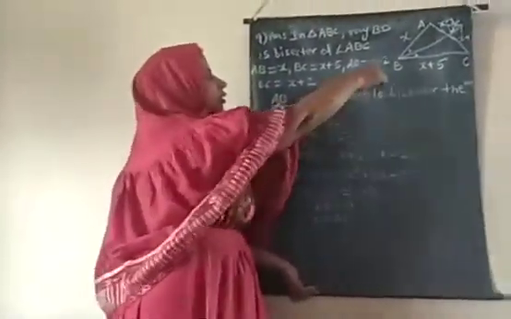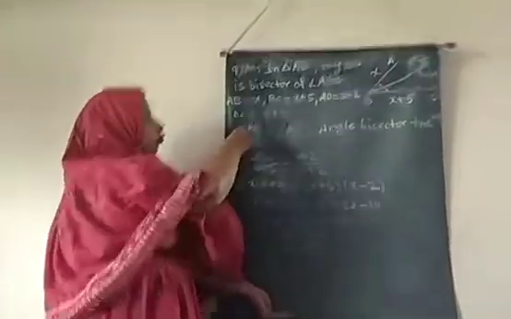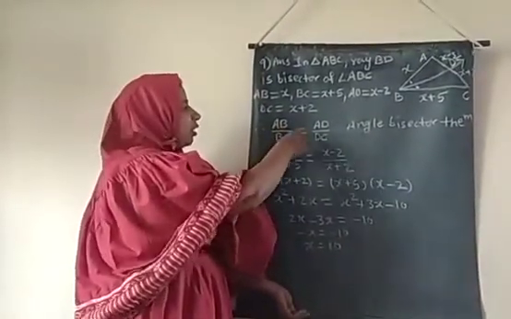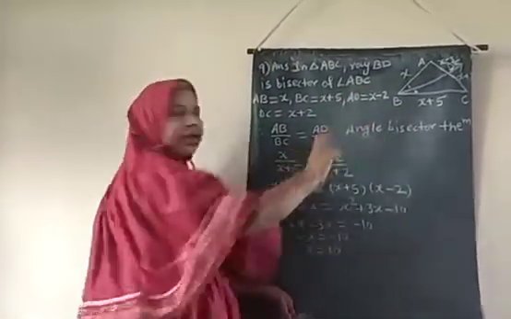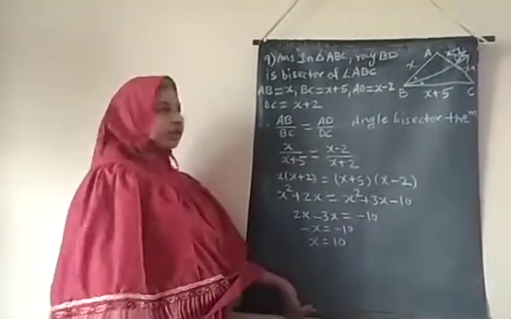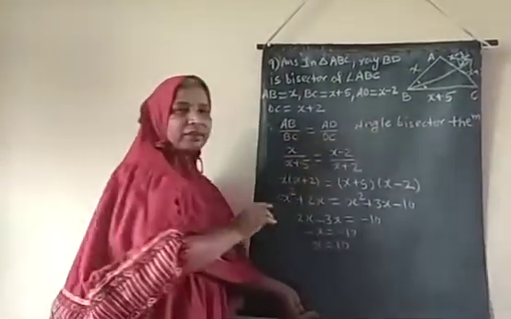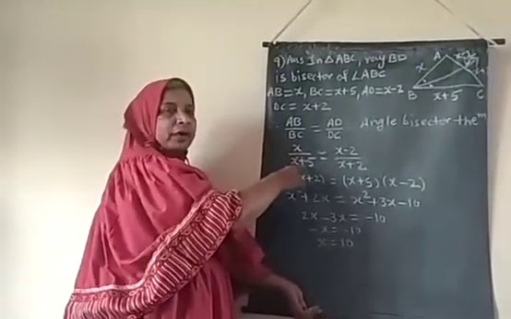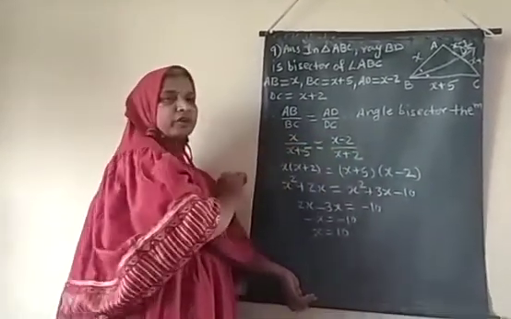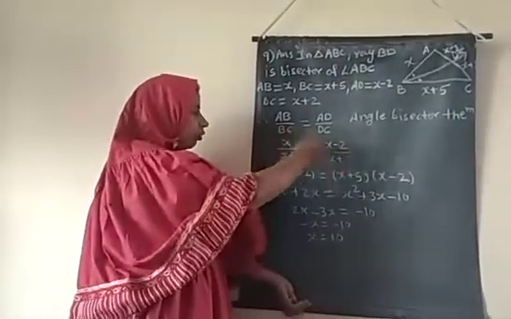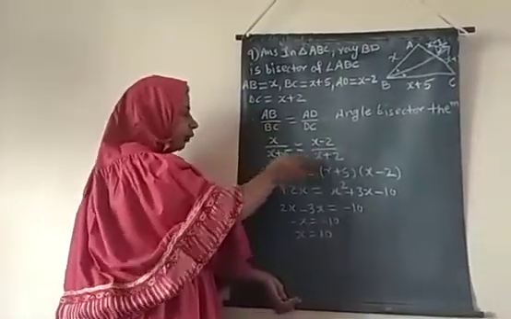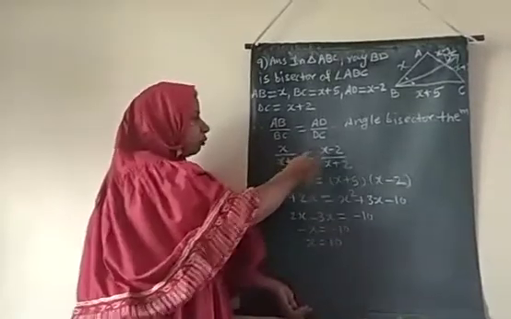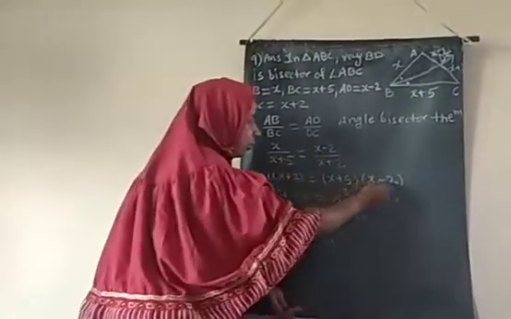For that, since the angle bisector is given, the ratios are AB upon BC is equal to AD upon DC by the angle bisector theorem. The reason for this statement is the angle bisector theorem. AB is given x, so x upon x plus 5 is equal to x minus 2 upon x plus 2. By cross multiplication, x into bracket x plus 2 is equal to bracket x plus 5 into bracket x minus 2.